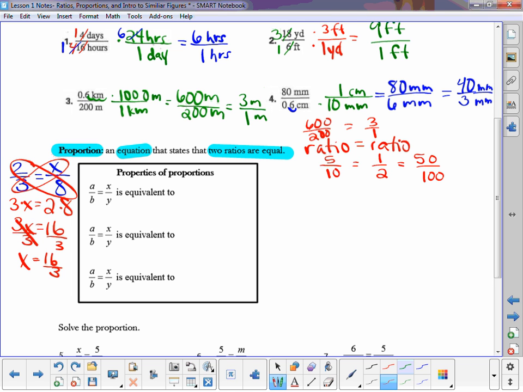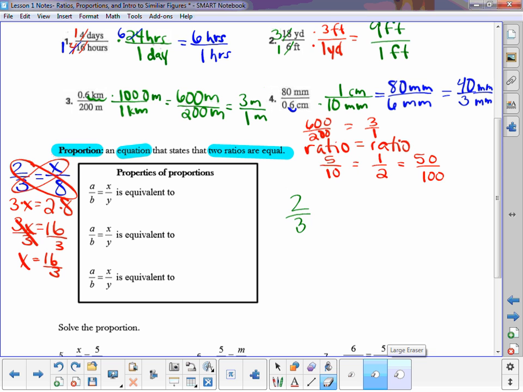Now, let me ask you, if I have to do 2/3 plus 1/5, can I cross multiply here? No. What if I have 2/3 minus 1/5? Can I cross multiply? No, that's the same thing. What about 2/3 times 1/5? Do I cross multiply? No, how do I multiply fractions? Straight across. Good.